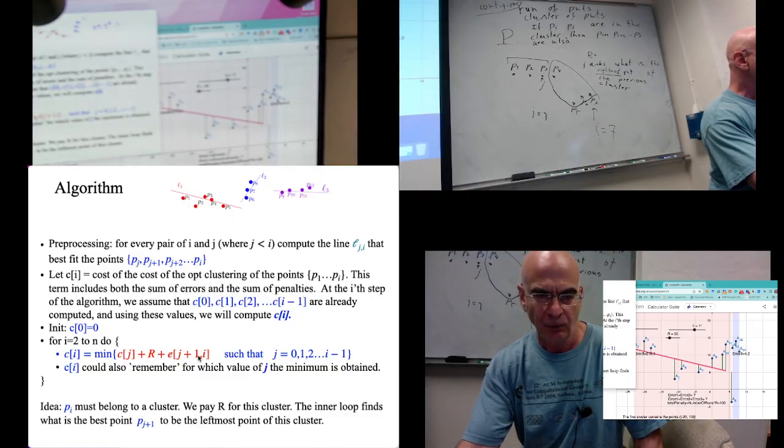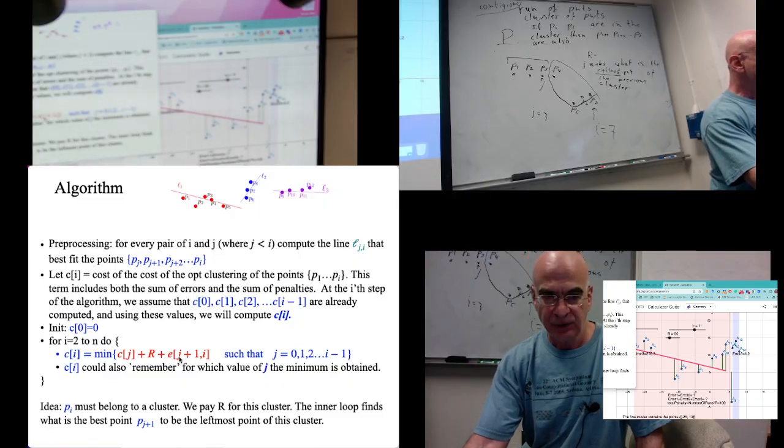That's the best line that I can fit to the points from j plus 1. j plus 1 is the first point of the new cluster, i is the last point of the new cluster. That's the sum of the vertical errors of this newly generated cluster. R plus this one is what I paid for the new cluster.